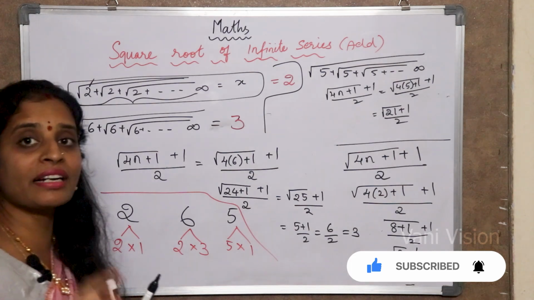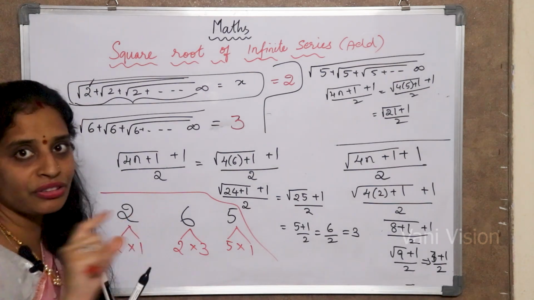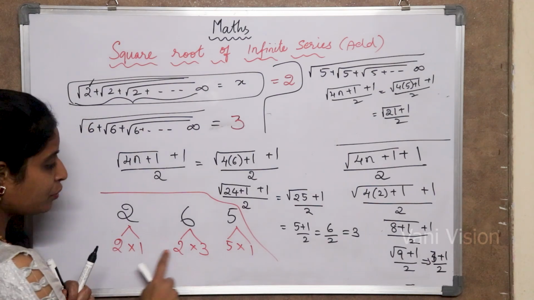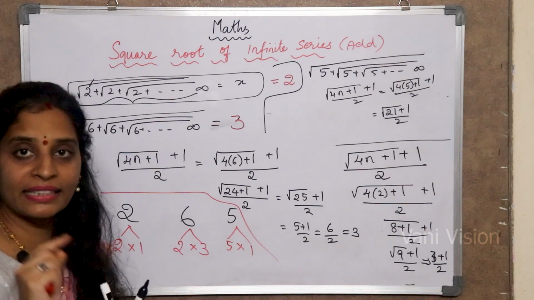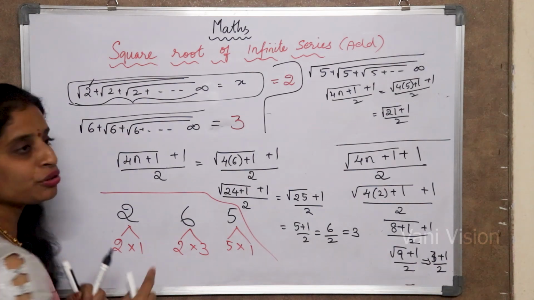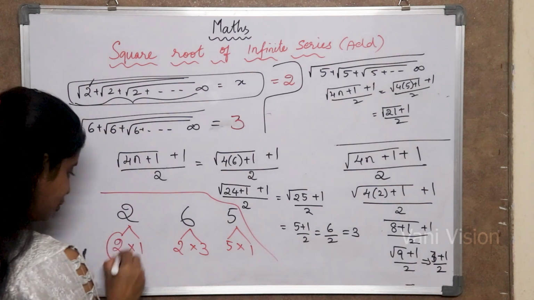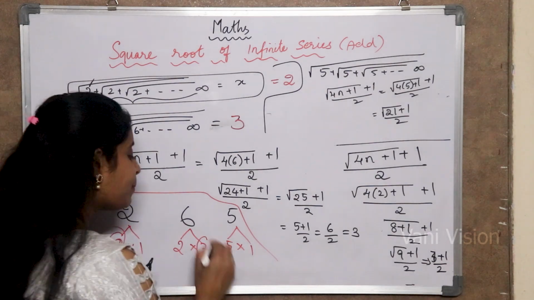Where a number can be written as a consecutive product, like 2 into 1, 2 into 3, their highest number we have to take as the answer. So for 2, what will be the answer? 2 will be the answer. For 6, what will be the answer? 3 will be the answer.